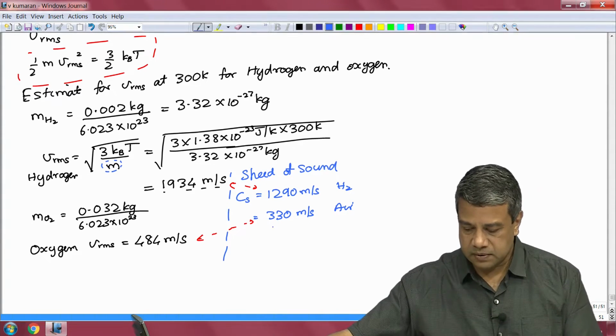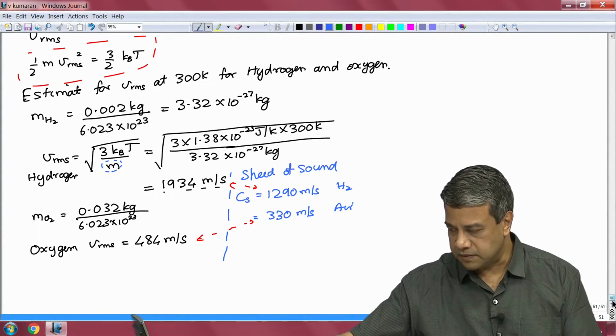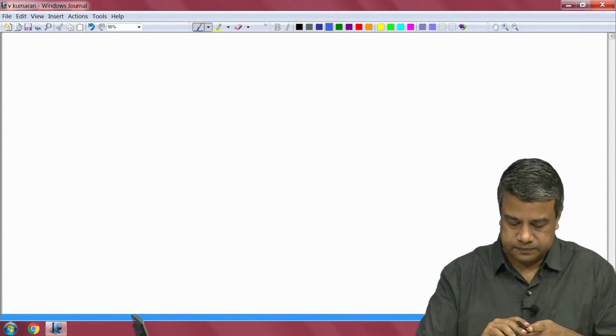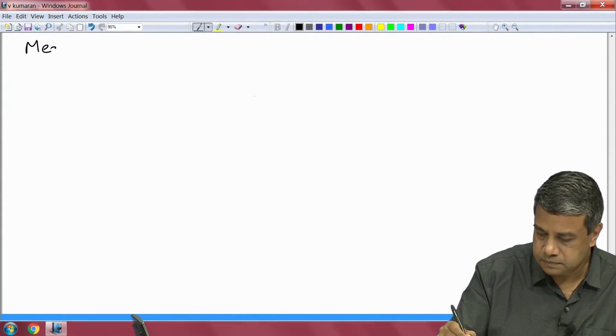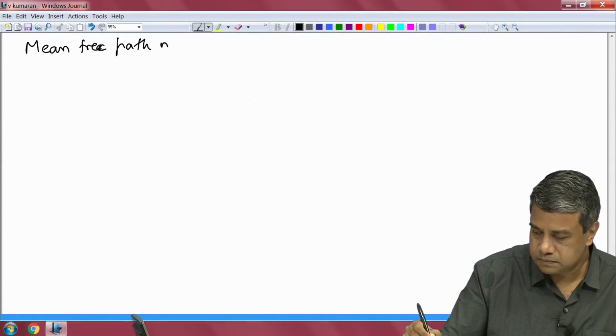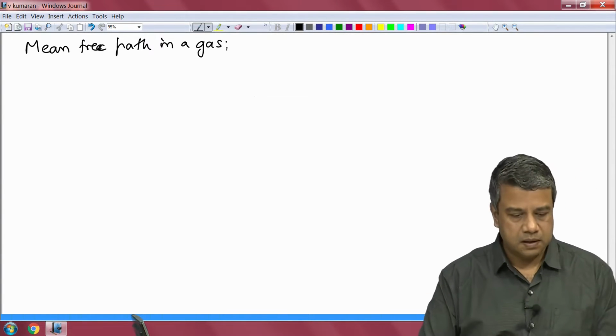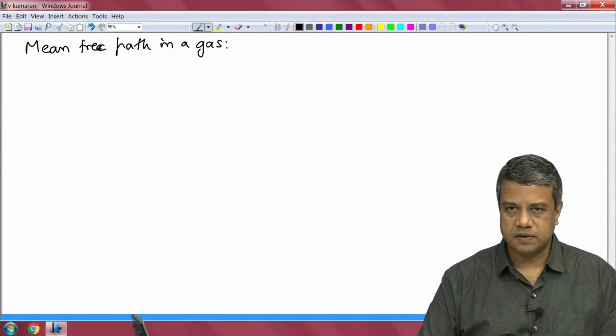So, the other thing that we need to estimate is the mean free path in a gas. And I will do this only for hard sphere molecules.